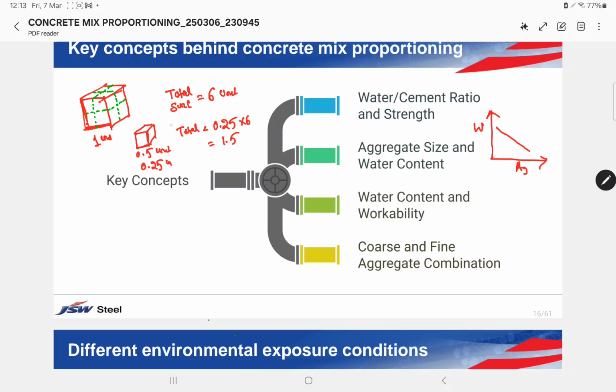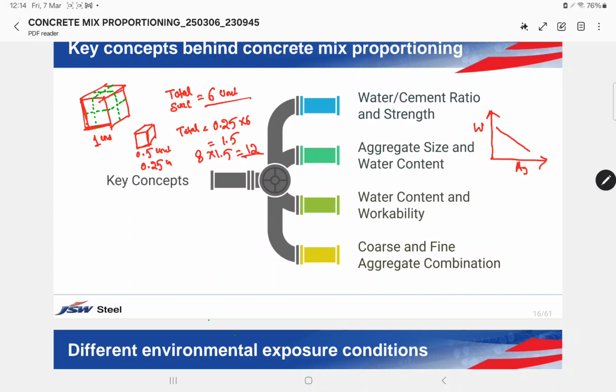But now I have a total of 8 cubes, so the total area becomes 8 into 1.5, which is 12. Though my volume remains the same, my surface area has doubled.